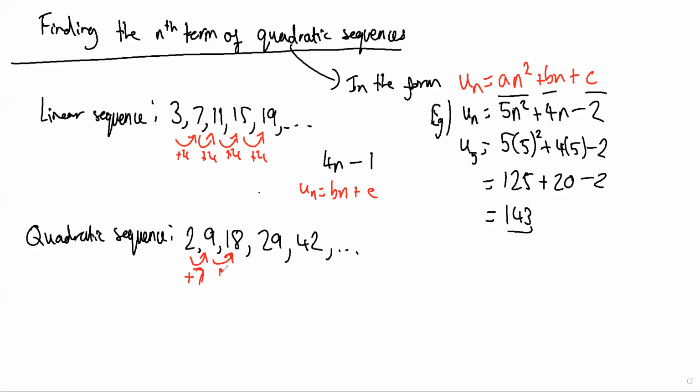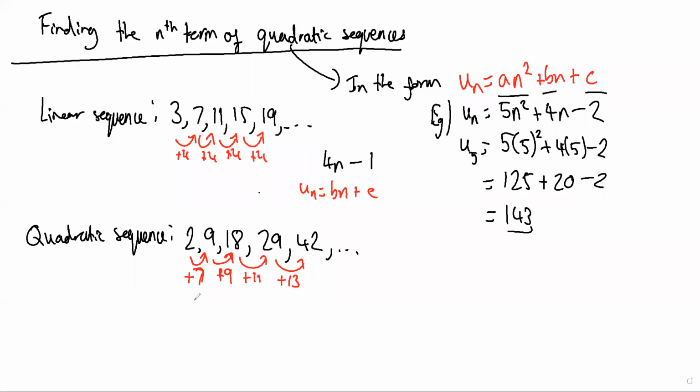The difference between 9 and 18 is 9. And then if we keep going, we get 11 and 13. So unlike a linear sequence, it's not a common difference. It's not a fixed amount. It's a different difference each time.